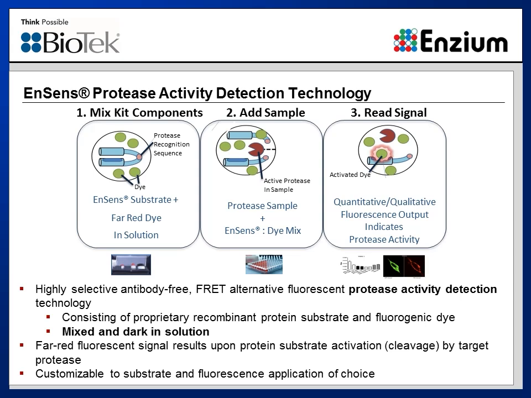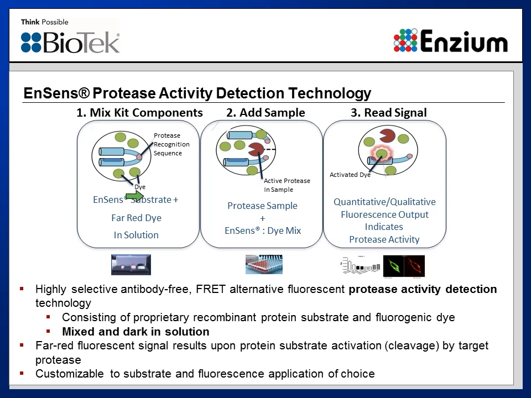This was done using a novel protease activity detection technology from Enzium called NSense. The assay technology is based on a proprietary protein substrate, which contains a selective recognition sequence for a specific protease, in addition to a fluorogenic dye, and works in the following manner. First, as we see in the first cartoon, the horseshoe-shaped substrate and dye are added to the well.